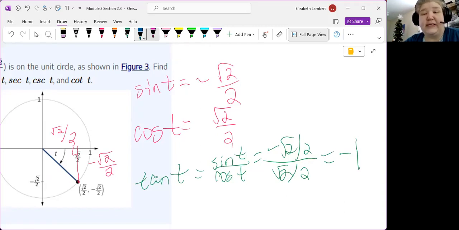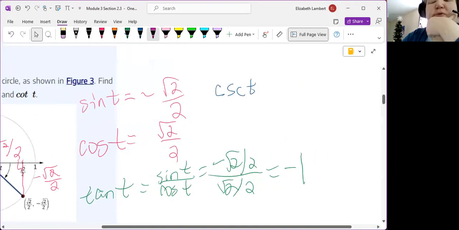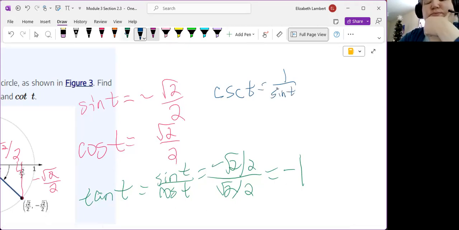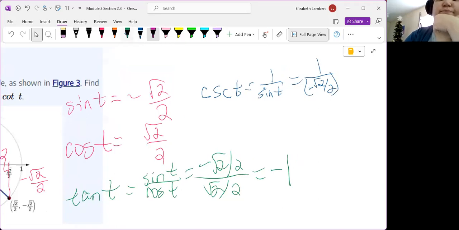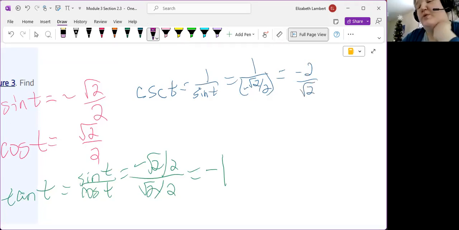All right, now our secant and cosecant. So I'm going to write cosecant of t up here next to sine of t because it is 1 over sine of t. So this is 1 over the negative square root of 2 over 2, which equals negative 2 over the square root of 2.